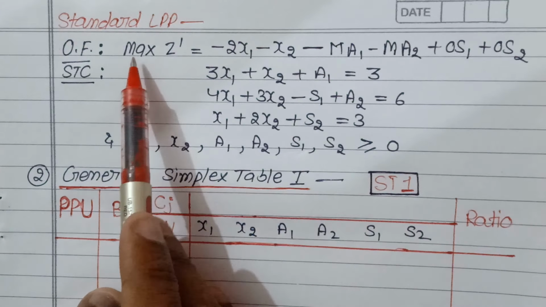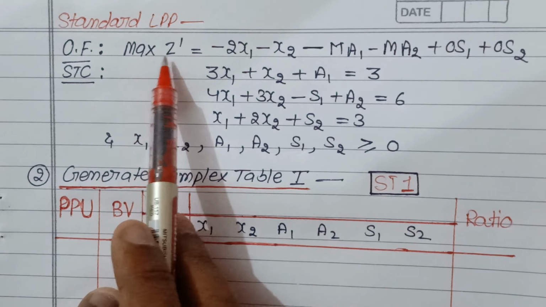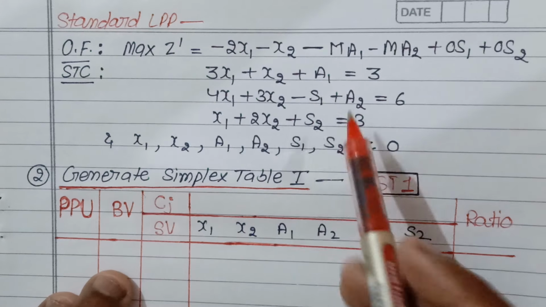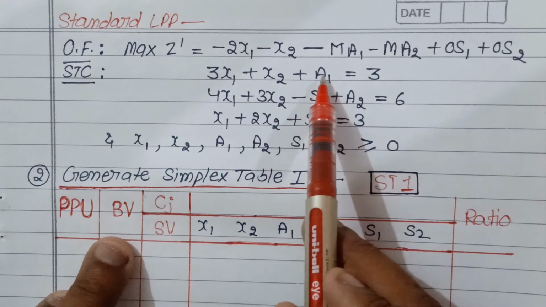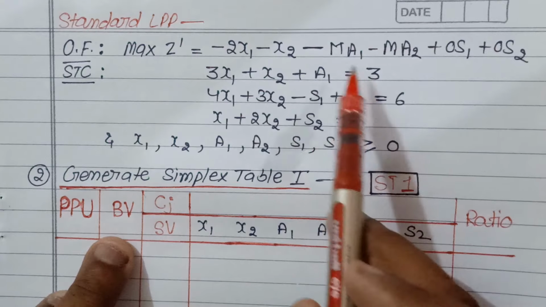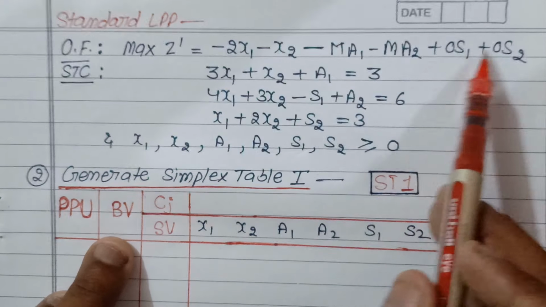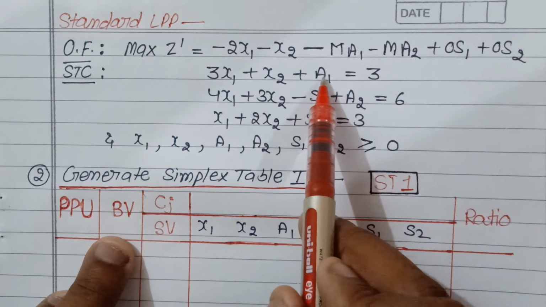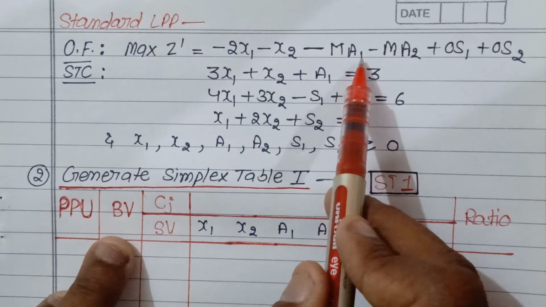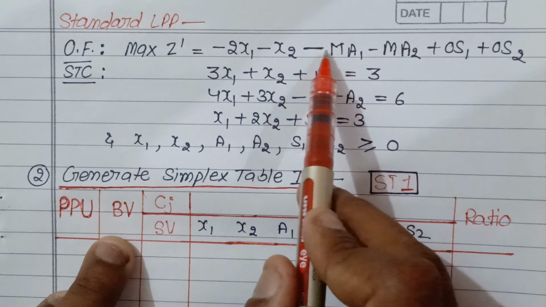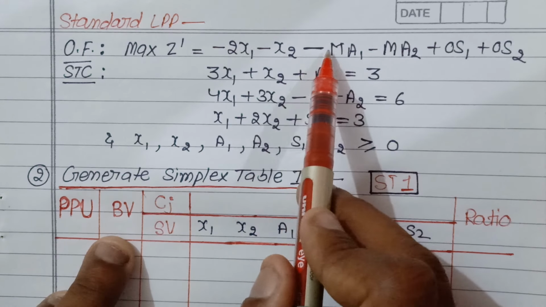Here you will see that the objective function is now of a maximization type, and these artificial, slack and surplus variables are also added here. Now you will see that in front of A1 we have multiplied a large value M with a minus sign.